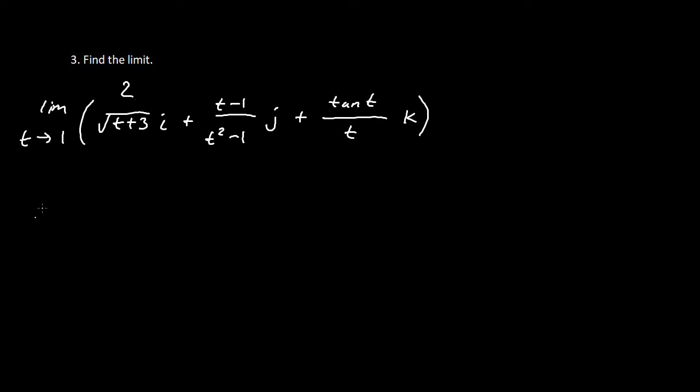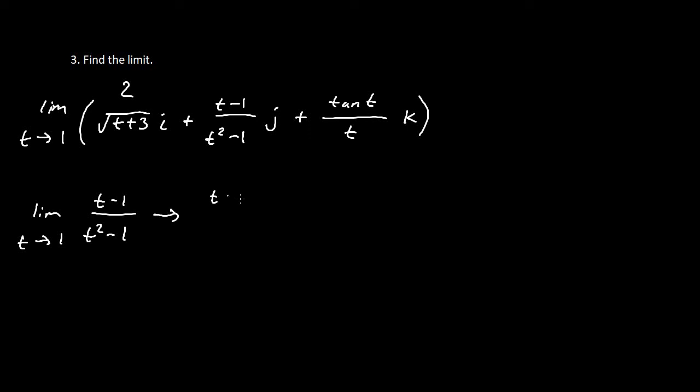Now the limit as t approaches 1 of t minus 1 over t squared minus 1. If we plug in 1, we'll get 0 over 1 minus 1, which is 0 over 0. So that is going to be indeterminate. You can use L'Hopital's rule, or you can also simply factor and cancel.